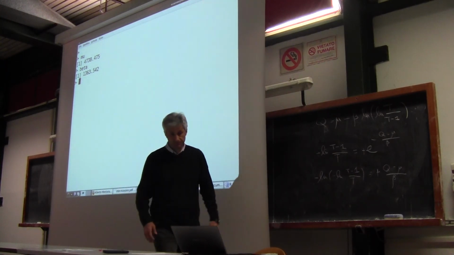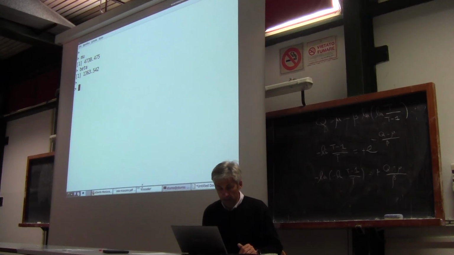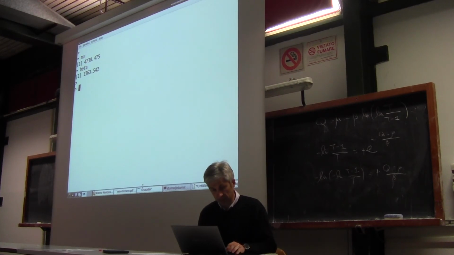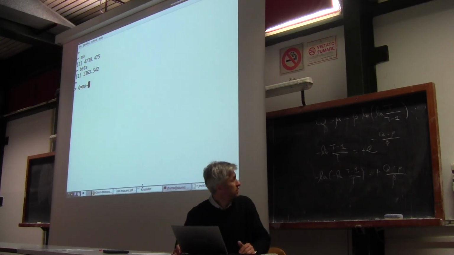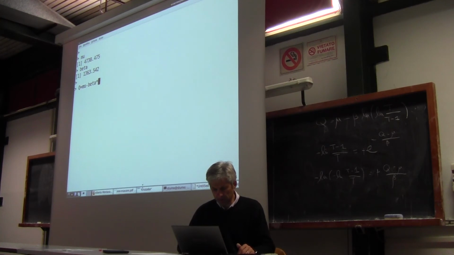Let's do that. So first of all, let's compute this. Let's call it capital Q, is equal to mu minus beta times, I don't remember if it is log in R or ln.